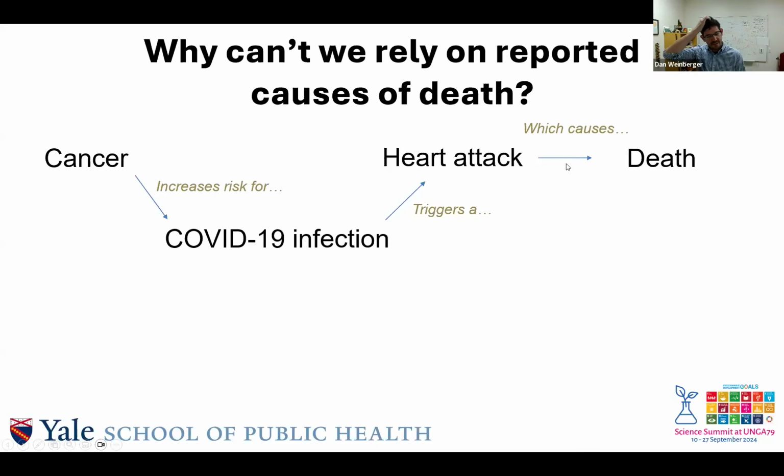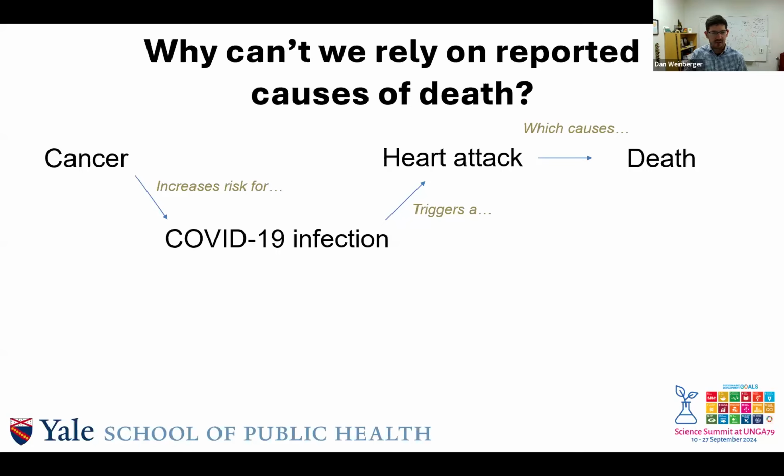And as Dr. Flaxman was saying, cause of death statistics can be difficult to rely on. We have this typical chain of events where maybe somebody is undergoing treatment for cancer, which increases their risk for COVID infection, which then triggers a heart attack, which causes them to die.